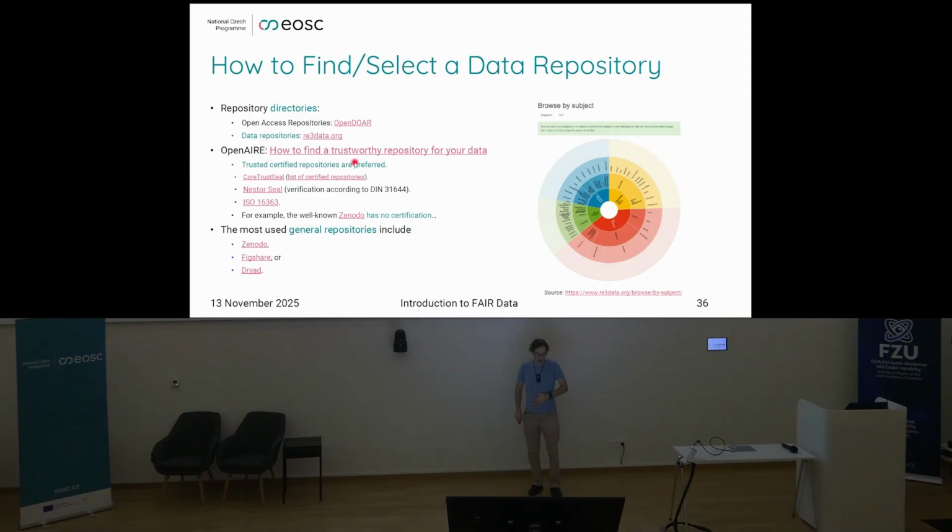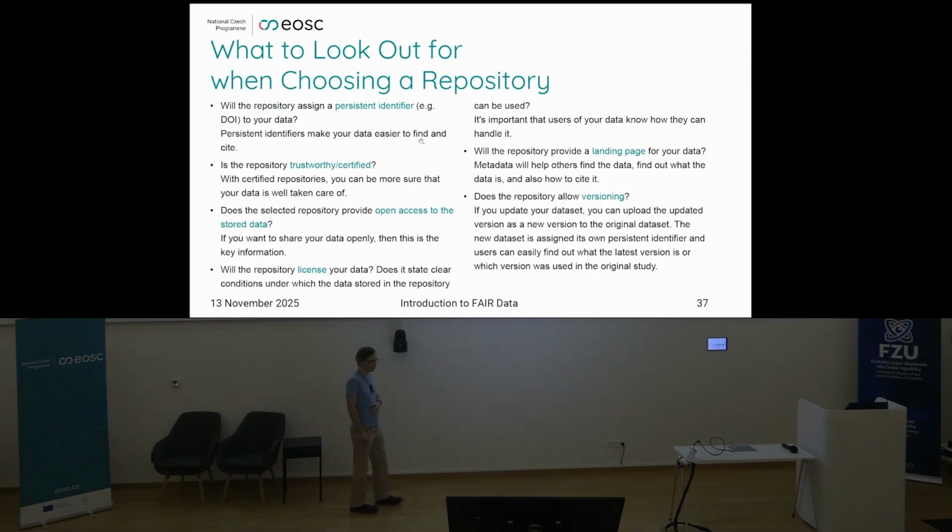But some standards are available for it. So a catalog of repositories can be used, and you should think of the trustworthiness of the repository. Formal certification can be used, but that's not always available.